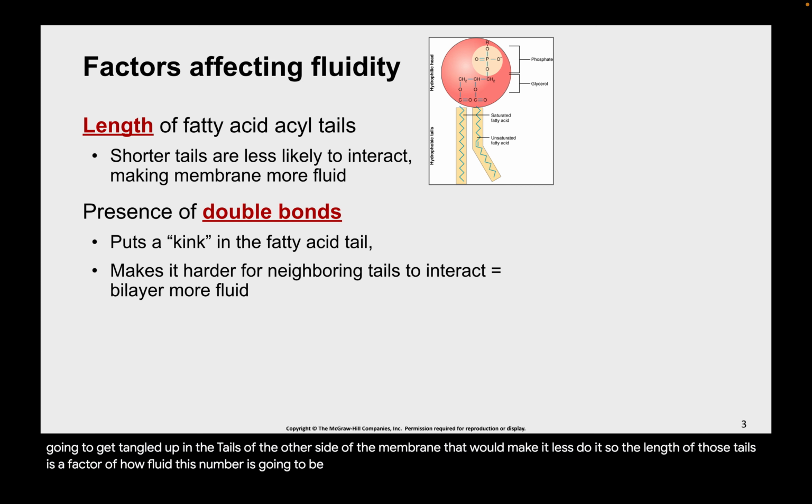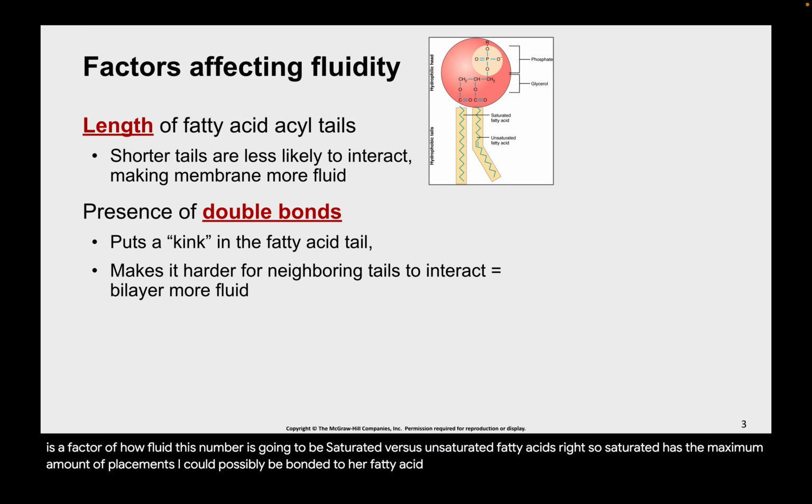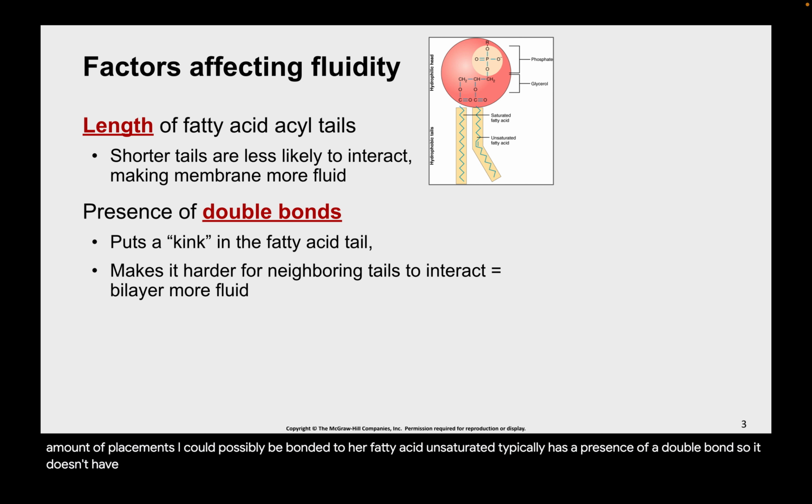But also, if we remember saturated versus unsaturated fatty acids, right? So saturated has the maximum amount of hydrogens that could possibly be bonded to our fatty acid. Unsaturated typically has the presence of a double bond, right? So it doesn't have as many hydrogens. Well, that puts a bend, that puts a kink into the fatty acid tail, right?